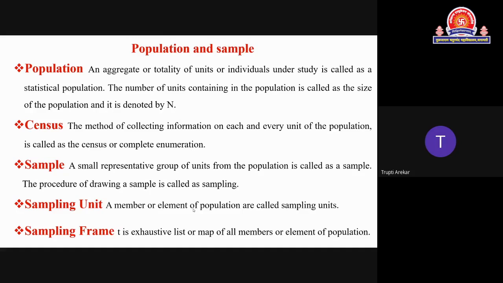Now the next point of the topic is population and sample. As in the first topic, we have learned about types of data, that is primary and secondary data. The methods of data collection are survey, laboratory experiments, and simulation. So when we are collecting the data, there are two types, that is primary data and secondary data.